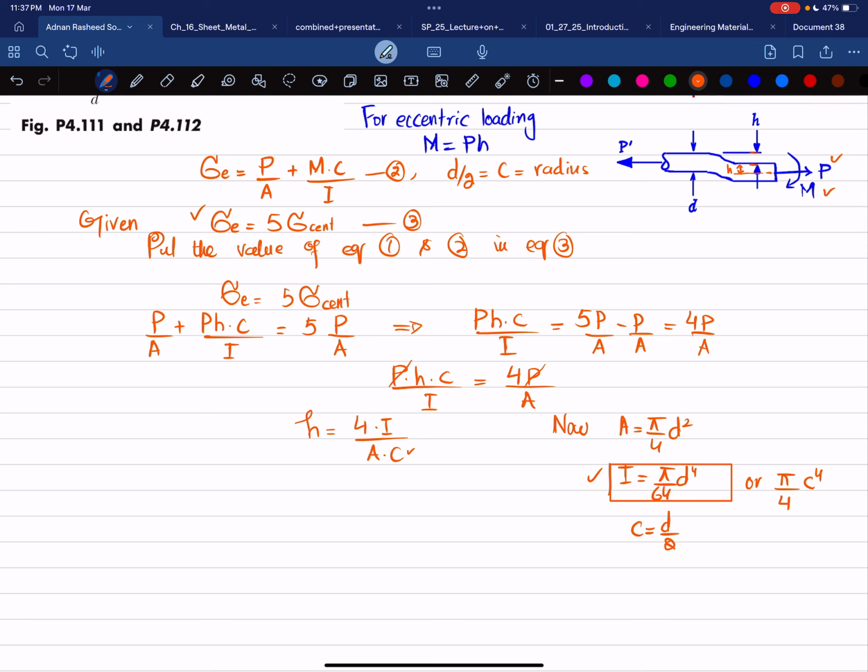Now put all the values, so H is equal to 4 times pi by 64 multiplied by D power 4, divided by the area, pi by 4 D square, multiplied by C, and C is again D divided by 2. That will give you 4 pi over 64 D power 4 divided by pi D cube over 8.